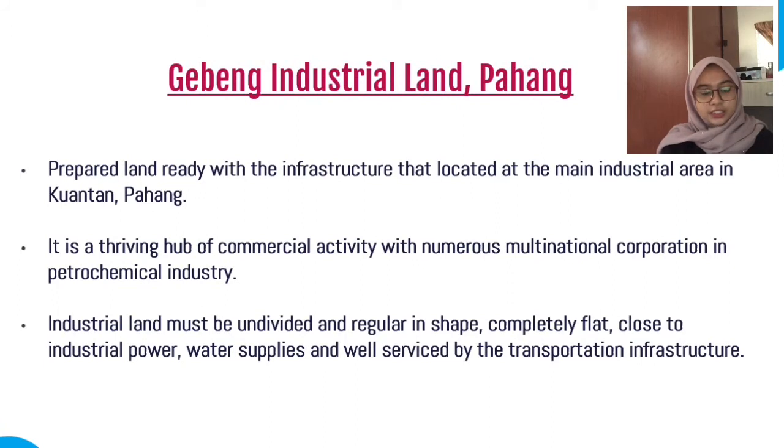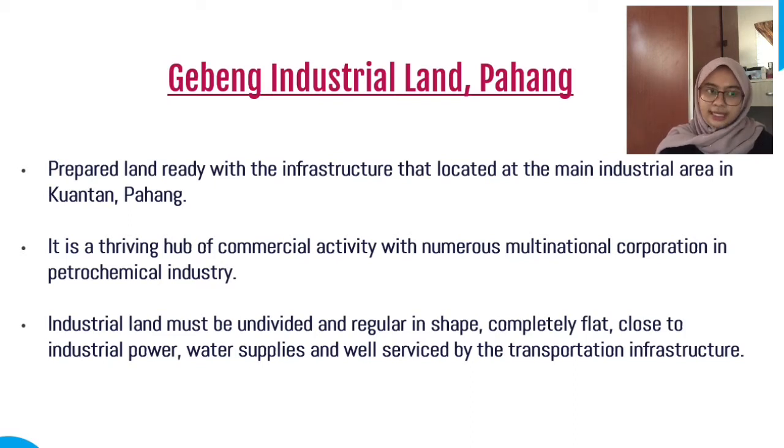Okay, moving on to the next slide. Gebeng Industrial Land, Kuantan, Pahang. Gebeng Industrial Land is a prepared land already with the infrastructure, located at the main industrial area in Kuantan, Pahang. This area is a thriving hub of commercial activity with numerous multinational corporations, especially in the petrochemical industry.